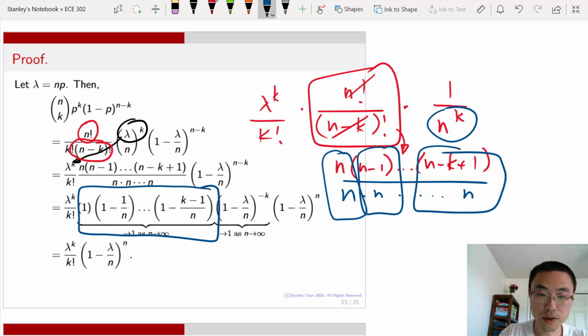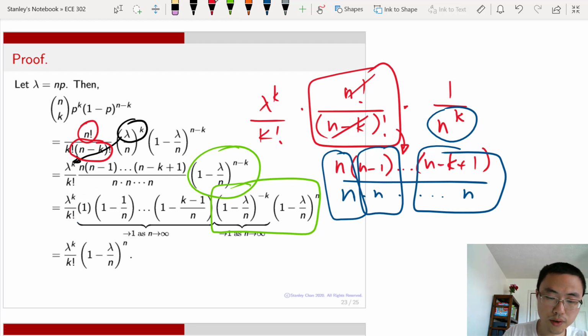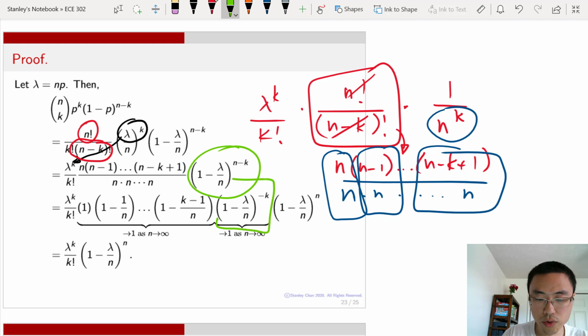In addition, this term can be written as this guy times that guy. Okay, and so now let's take a quick look. This number is going to 1 as n goes to infinity, because as n goes to infinity, this term will go to 0, and so 1 to the power minus k will just go to 1.